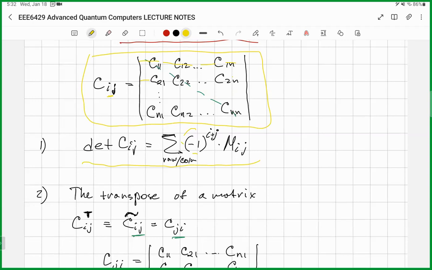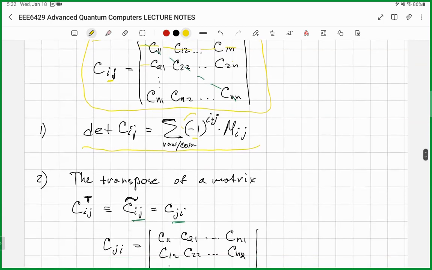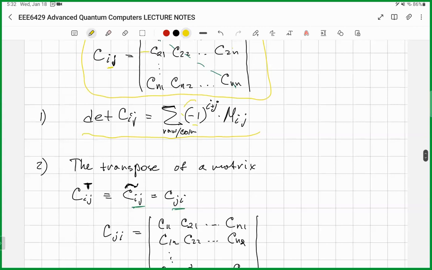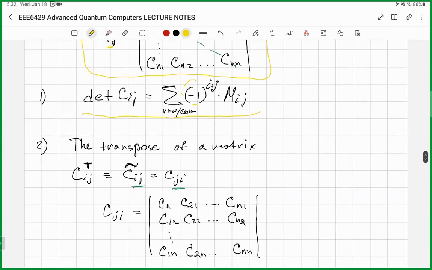Otherwise, when the sum of the indices is odd, then minus 1 to this power becomes minus 1, right? And you take the minor with the minus there. And then you take the sum over all the elements in a row or a column.